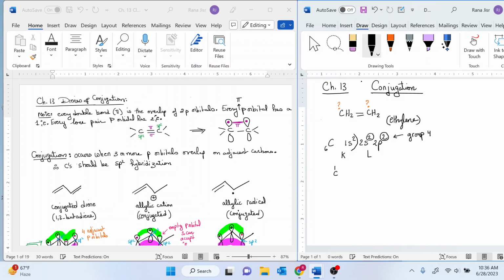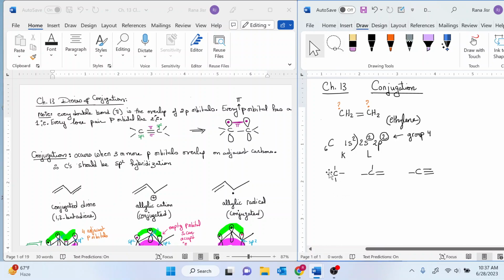Whether the bonds are single, double, or triple bonds, carbon always makes 4 bonds. Carbon always prefers to be in its stable state, and the stable state is when the formal charge of the carbon is 0. It is 0 when it has 4 bonds.